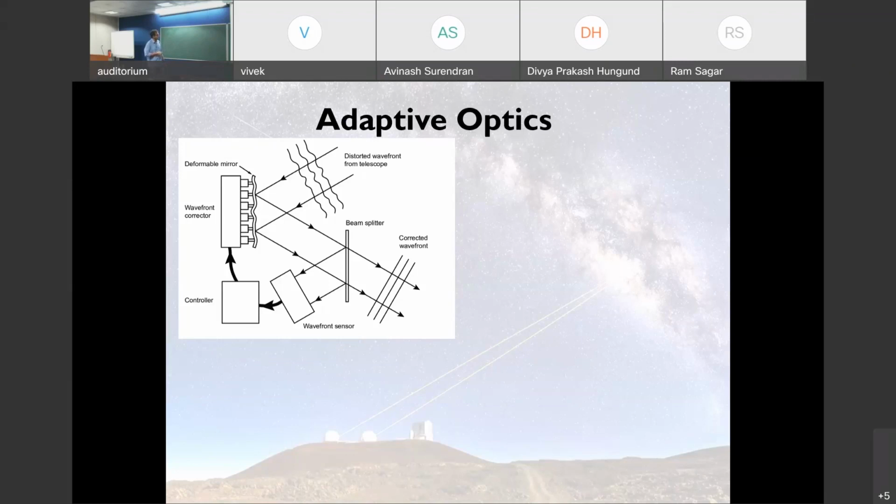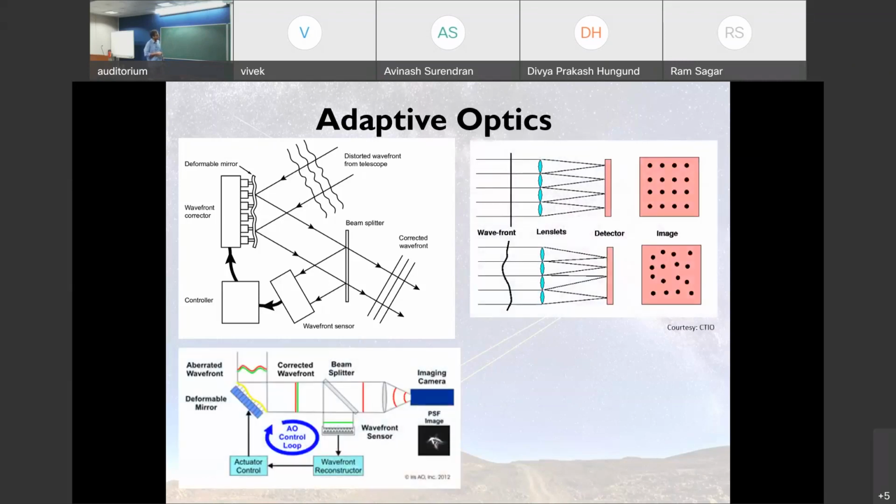Most of the AO systems around the world are in closed loop. What it means is that the light reflects off the mirror and comes to a wavefront sensor, usually an array of lenslets called the Shack-Hartmann sensor. This is the most used kind of wavefront sensor in AO systems around the world. There is also the pyramid sensor, but it's used in very niche applications. The Shack-Hartmann wavefront sensor essentially consists of a large number of lenslets in front of a camera.